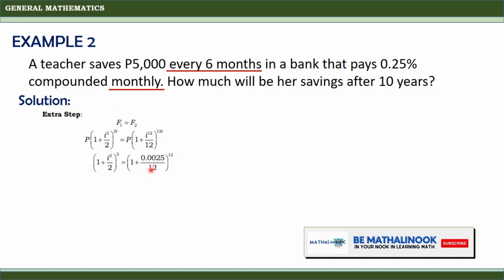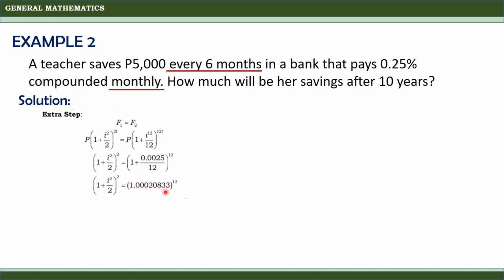Let us simplify this expression inside. It will give us 1.00020833. To eliminate the exponent 2 here, we need to raise both sides of the equation by 1/2. So it will give us 1 plus i raised to 2 divided by 2 is equal to 1.00020833 raised to 12, raised to 1/2.